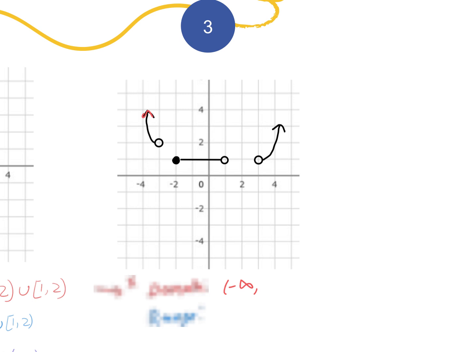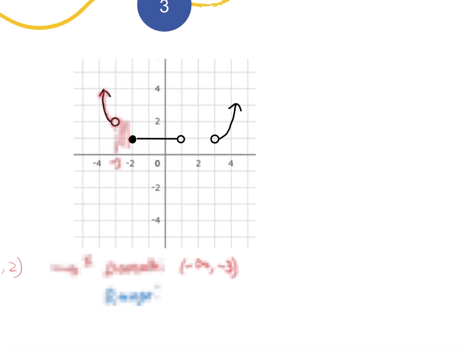All right, and this piece of our function right here ends at an open circle. This open circle is at an x value of -3. So from negative infinity to -3, and it's an open circle, so it's a parentheses. We see a gap in this little part. Then we start touching our function again at an x value of -2.